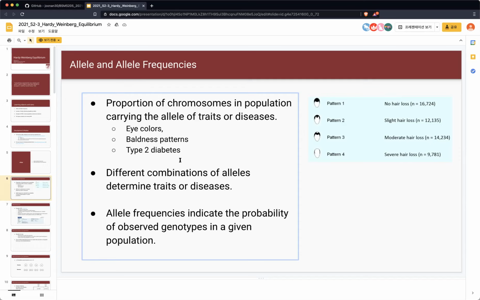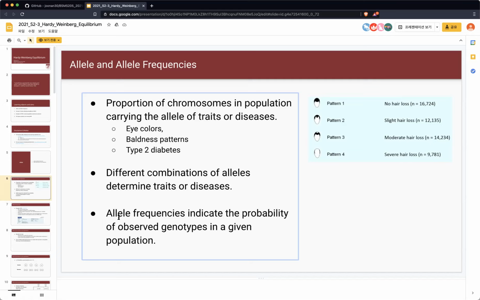Okay, so as we learned from Fisher's model, diseases or traits are determined by different combinations of alleles and also environmental factors. But for simplicity, genetic factors are a much easier way to put into the formula and calculate the contribution. So at first we study the genetic factors underlying the phenotypes.